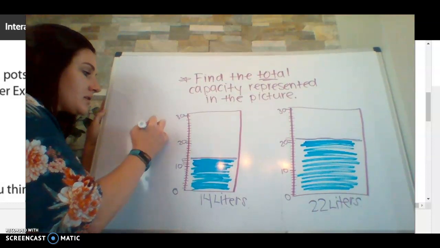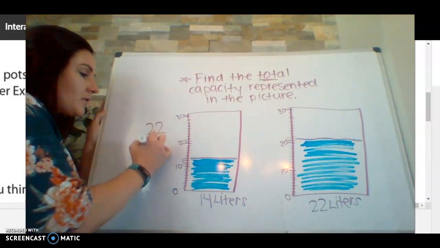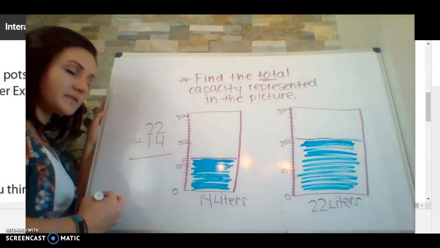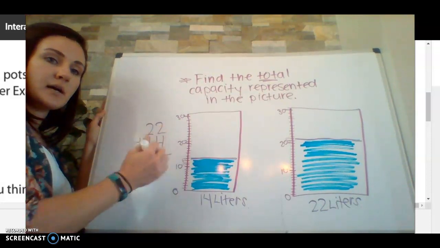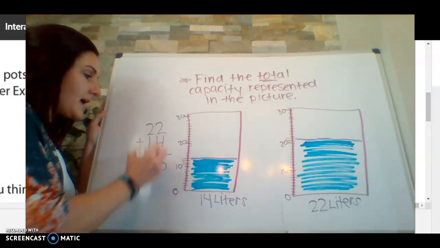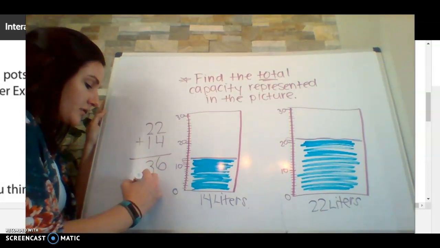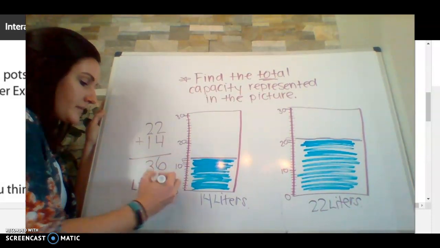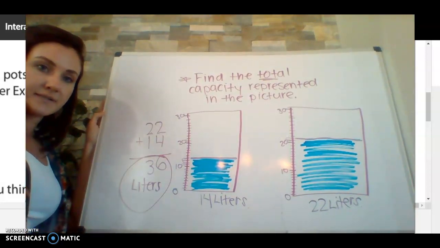We have 22 liters plus 14 liters. That will give us our total amount. So we have 4 plus 2 gives us 6. And then we have 2 plus 1, which gives us 3. So our total amount that is represented here is 36 liters.